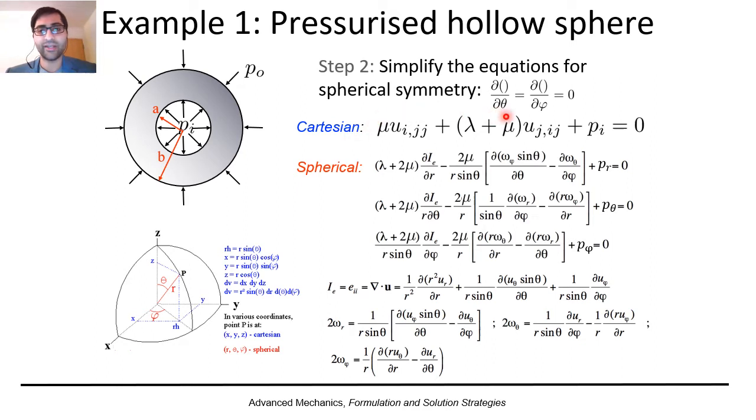But pay attention that we know our case is a spherical symmetry. So all of the partial derivatives with respect to theta and phi are equal to 0. Basically, all of these terms will be 0 and cancel out.